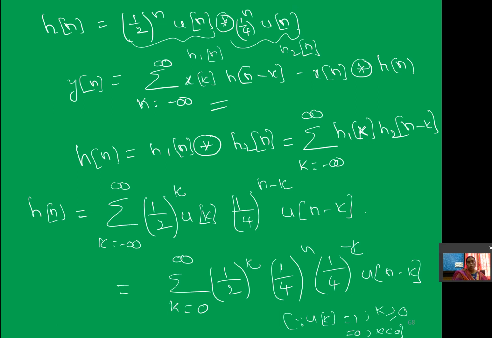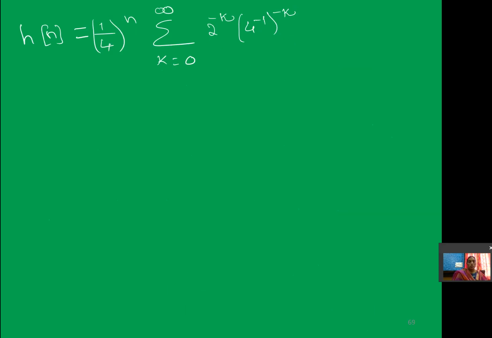1 by 2, 2 power minus 1, 2 power minus k, 4 inverse power minus k into u of n minus k. So here you know that u of n minus k, already discussed in the previous problem, is 1 for k less than or equal to n, 0 for k greater than n.